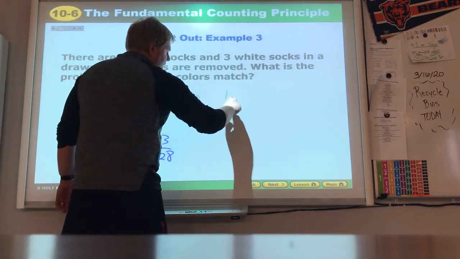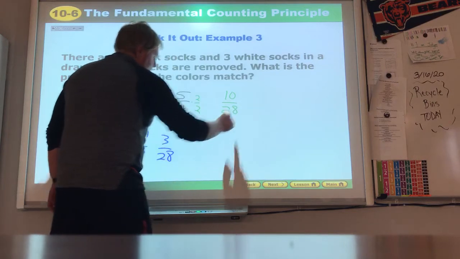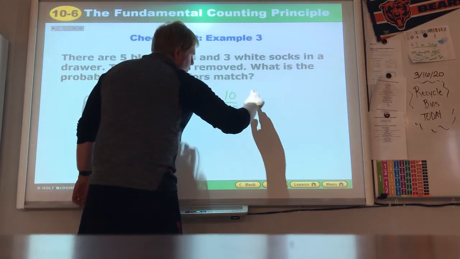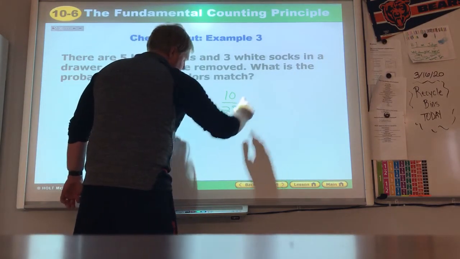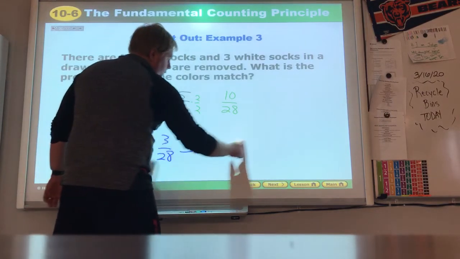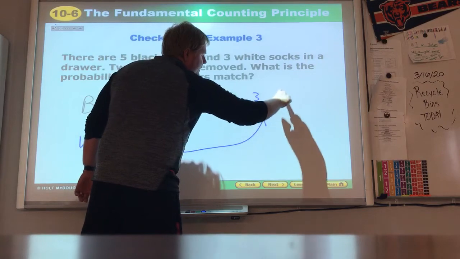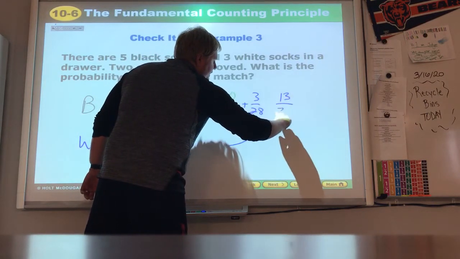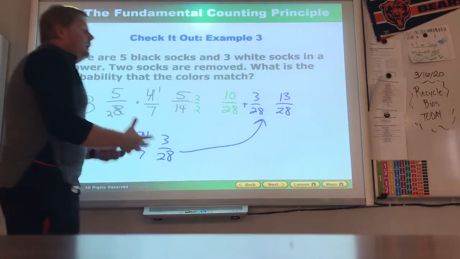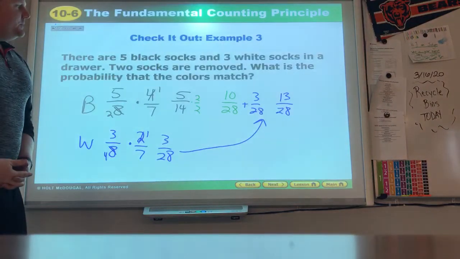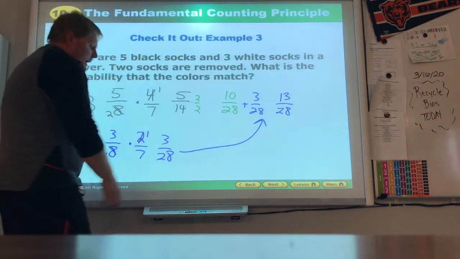So 10 out of 28, or 3 out of 28, because this one we're going to have to add in. The 3 out of 28 is 13 out of 28. It's a little less than 50% chance of getting a pair just randomly drawing.